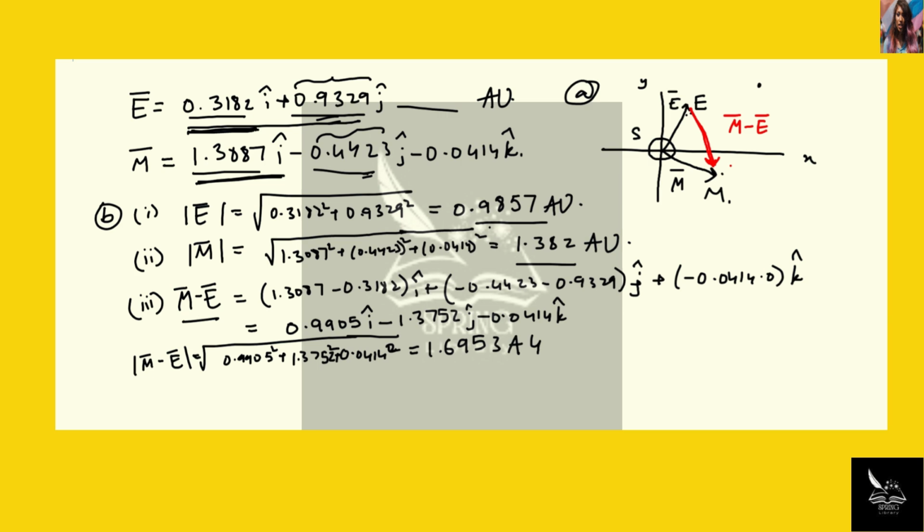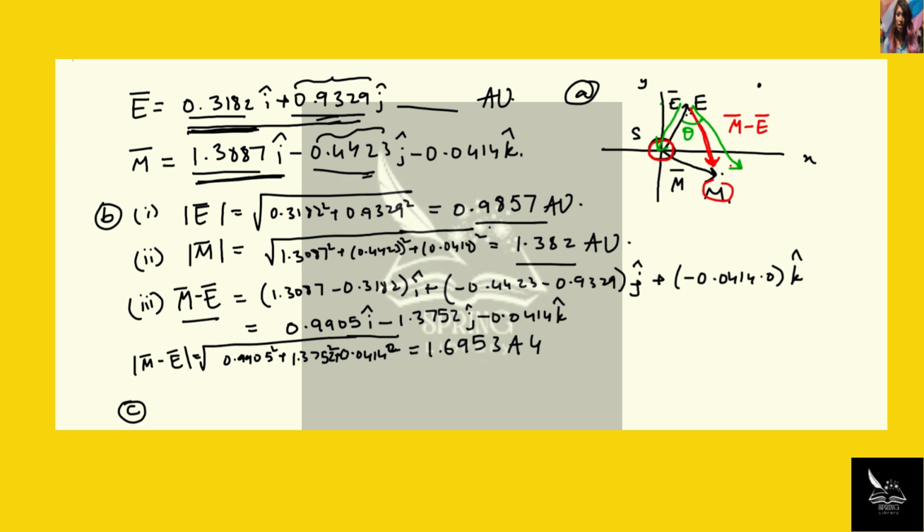Now we want to find the angle subtended by Sun and Mars on Earth. That is, we need to find this angle. Hence, if we take this vector and this vector, we can find their angle using the formula.